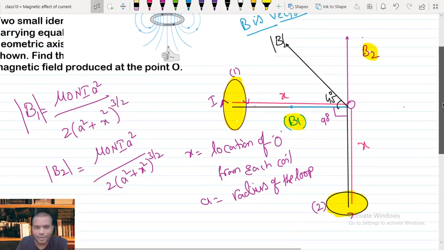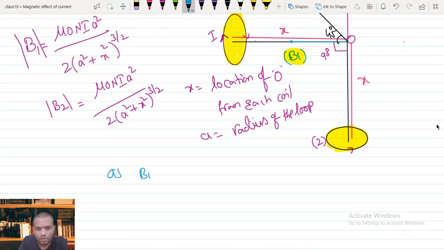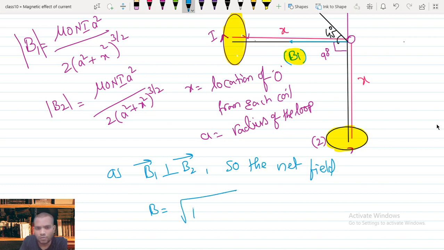Now to find the resultant magnetic field, the magnitude will change. The magnetic field B1 is perpendicular to magnetic field B2. So the net field B equals the square root of B1 square plus B2 square.